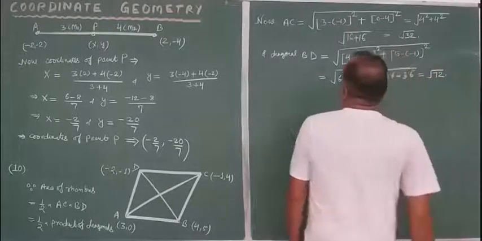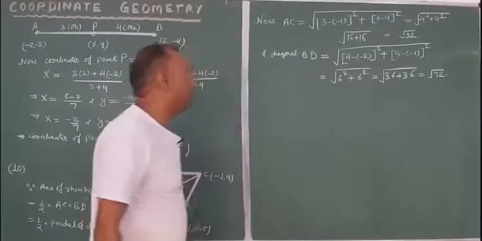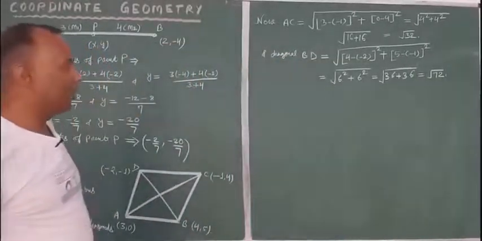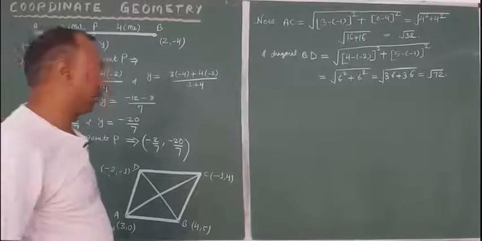So the length of diagonal AC is under root 32, and the length of diagonal BD is under root 72.